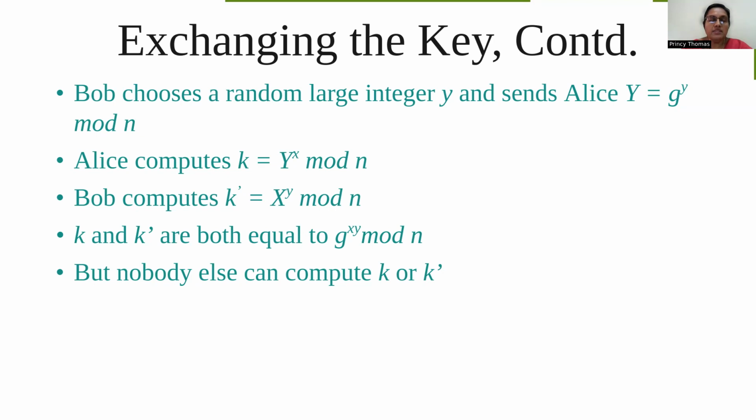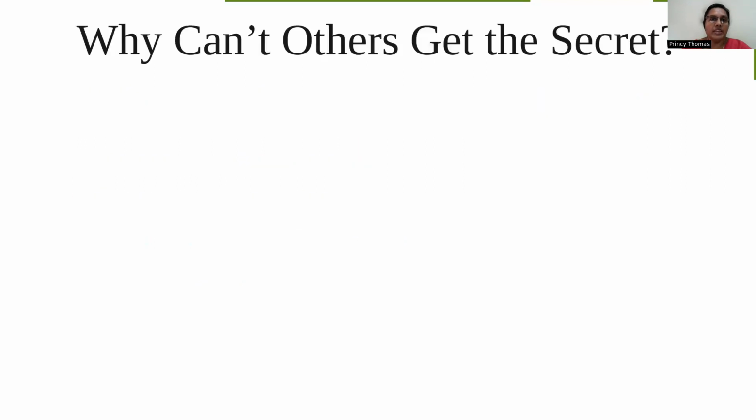Since it is not possible to find the values of x and y from g raised to x or g raised to y, and since it is not possible to calculate g raised to xy based on g raised to x alone, the key is known only to the two parties who are communicating. Let's see why.